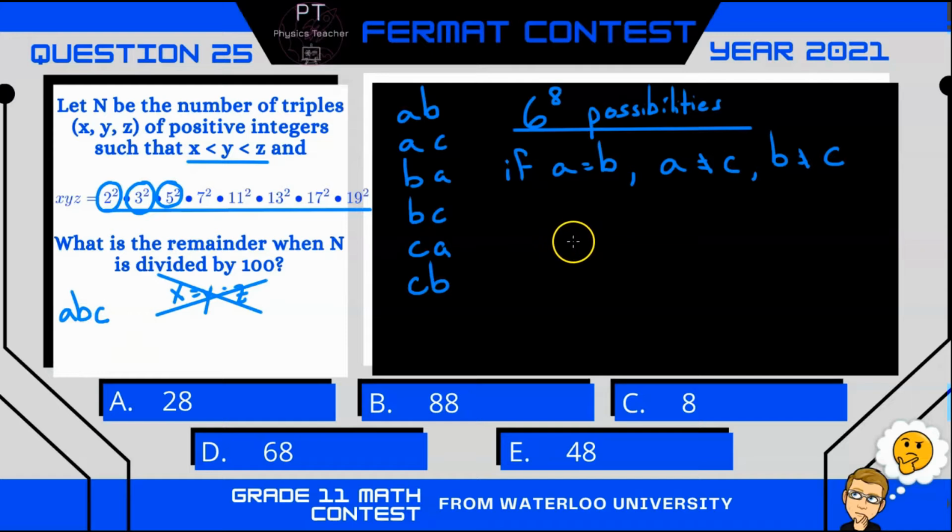And that'll be true for each prime squared factor, which would mean that each prime squared factor is either distributed to A and B. So if we call this 1 prime squared factor, P squared, A could be one of those prime squared factors, and B could be the same prime squared factor, P, but not to C.